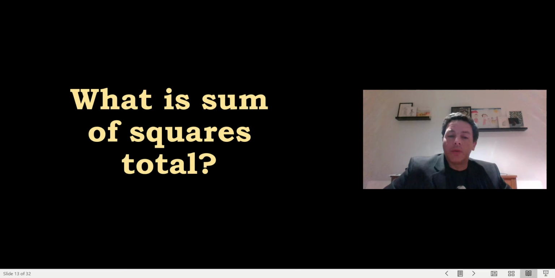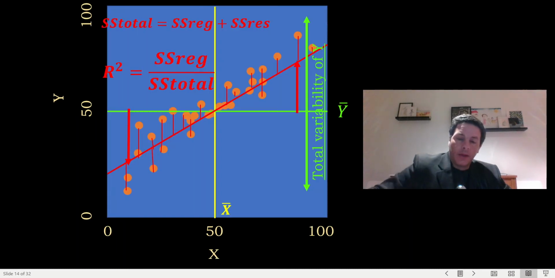Okay, what's the sum of squares total? I showed you the sum of squares of the regression and the sum of squares of the residuals. So the sum of squares total is the total variability of y.